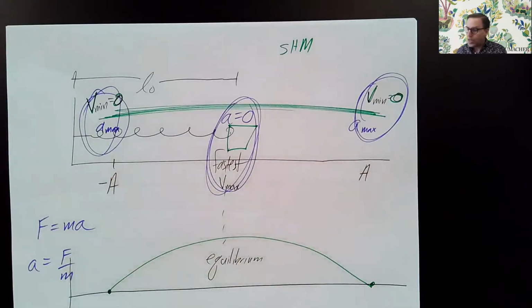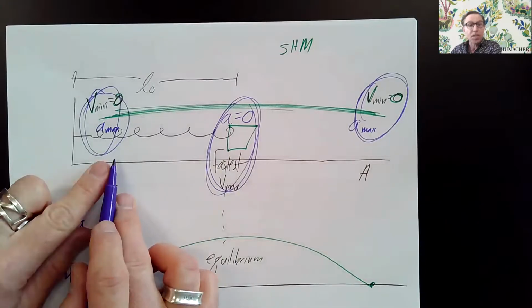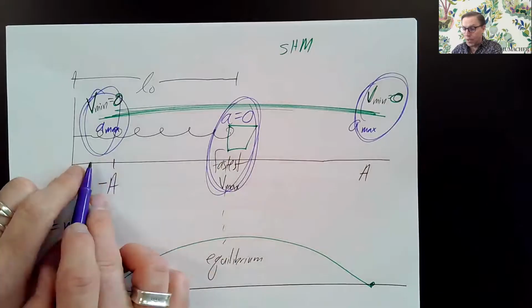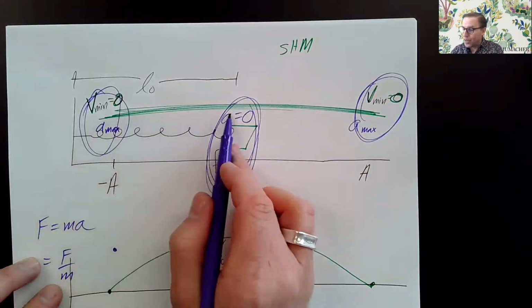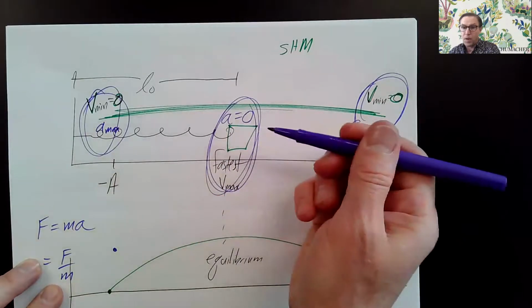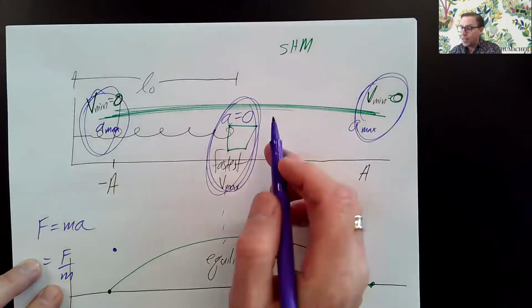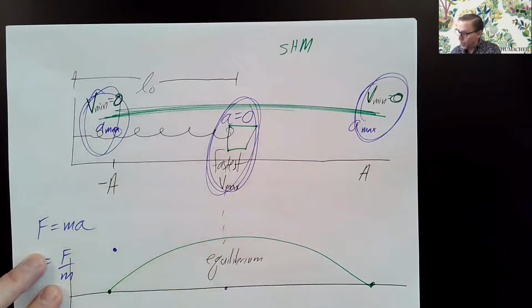What about the acceleration in purple, where the acceleration is a maximum? The acceleration is positive here because we're pushing the thing to the right. And then the acceleration decreases to 0. And then, since the spring is pushing the block left, the acceleration is negative, up to a negative maximum value.